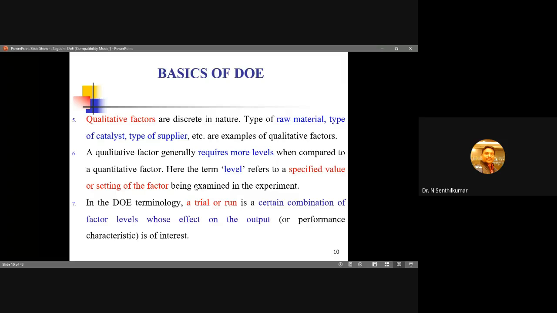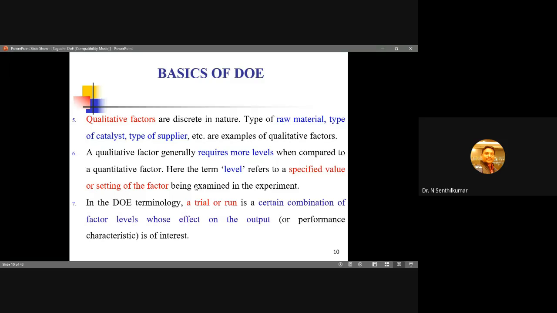So in DOE terminology, we will be calling it an experimental trial or experimental run. So what does it actually mean? While designing, we will be considering different input parameters: cutting speed, feed rate, depth of cut, approach angle, whatever it is. For the first experiment, what is the value of cutting speed, what is the value of feed rate, what is the value of depth of cut, and what is the value of approach angle?